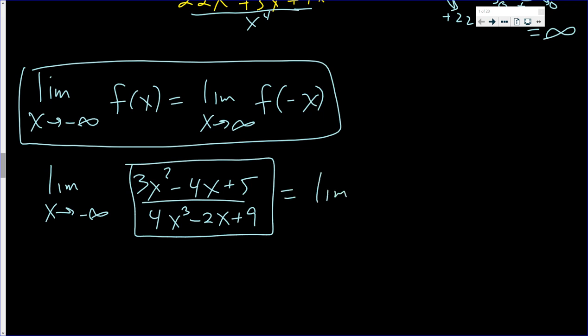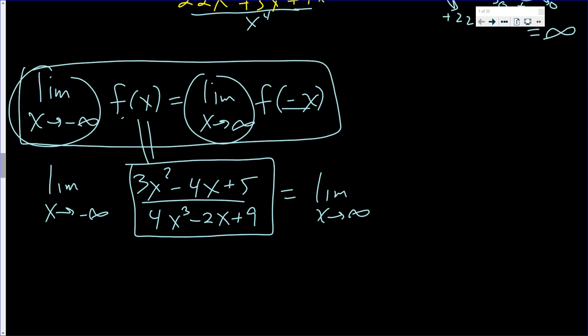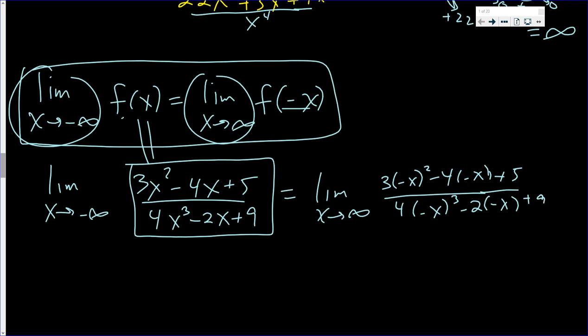Well, I want to go from the limit as x goes to negative infinity to the limit as x goes to positive infinity. Now, that's f of x. I want f of negative x. Oh, you mean wherever I see x, I should put negative x? Yeah. Absolutely. So you have 4 times negative x cubed minus 2 times negative x plus 9.